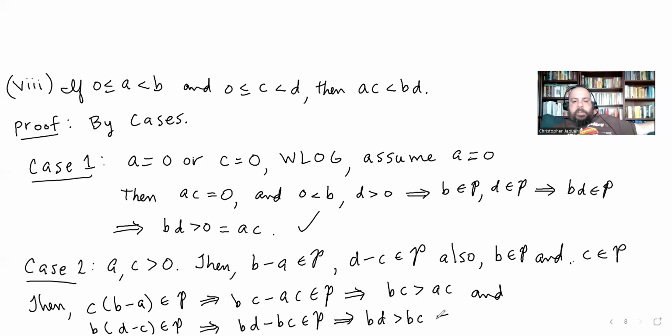So by transitivity, that means that AC less than BD by transitivity, which is something that we proved in the last video. All right, that was number 8. Okay, next is number 9.